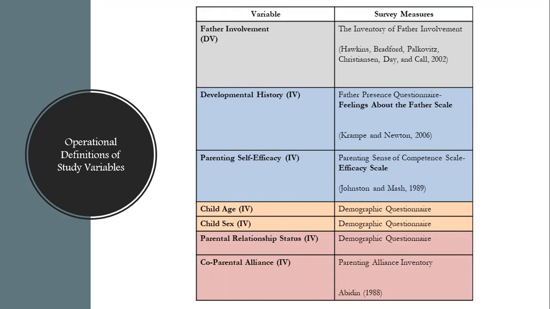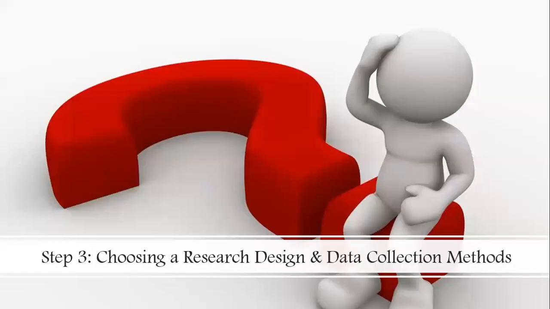And for co-parental alliance, I used the Parenting Alliance Inventory. So for every single variable included in the study, I had to come up with not only a way to define them, but also a way to operationalize them as well. And as I mentioned, we'll talk more about conceptualization and operationalization coming up soon in the next few chapters.